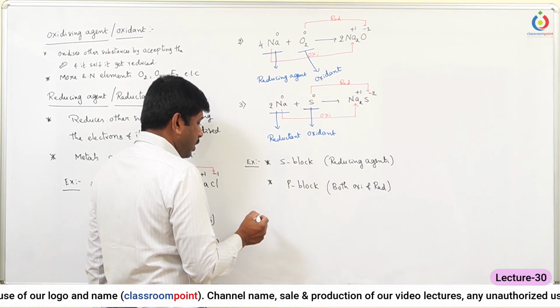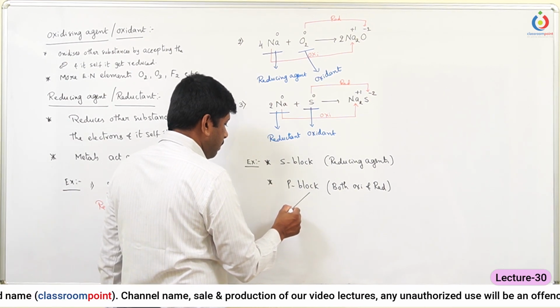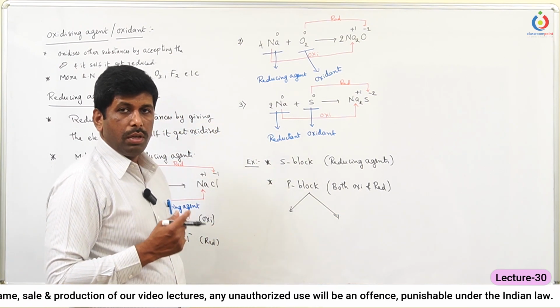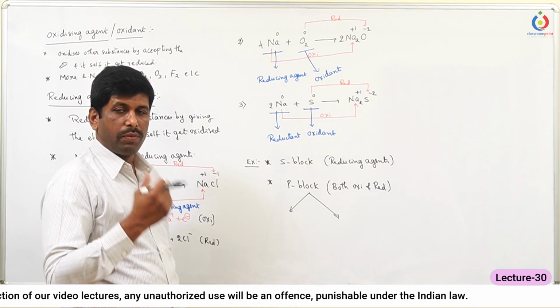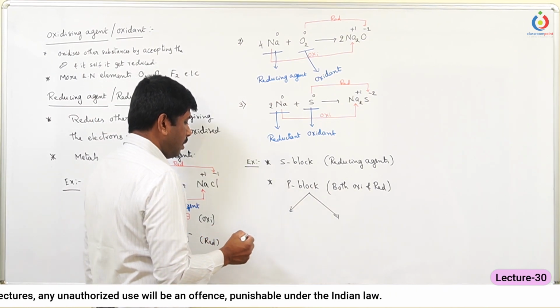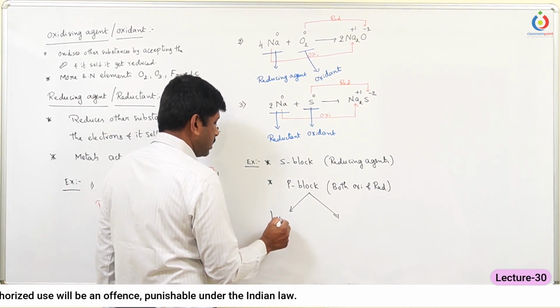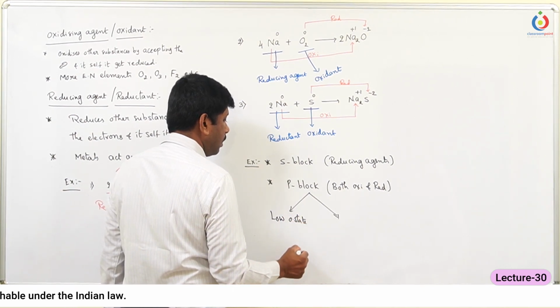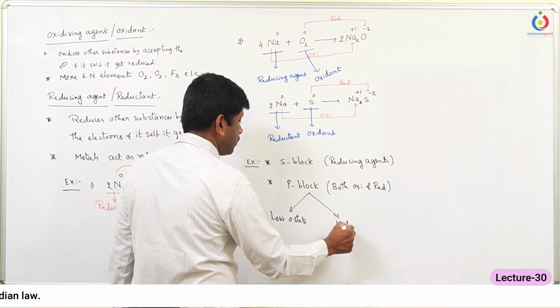So let us see, if you take any element, in the case of the p-block, the elements may exhibit two types of oxidation state, as we discussed in our previous class. They can exhibit the lower oxidation state and higher oxidation state.